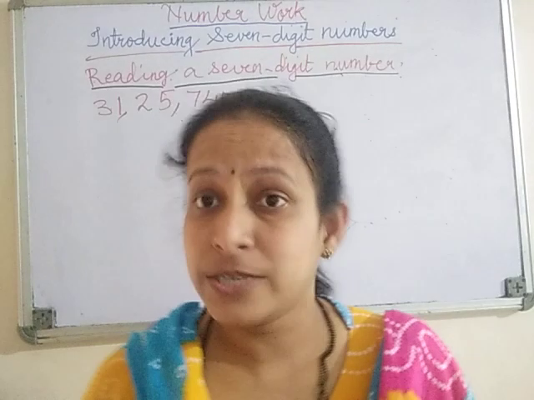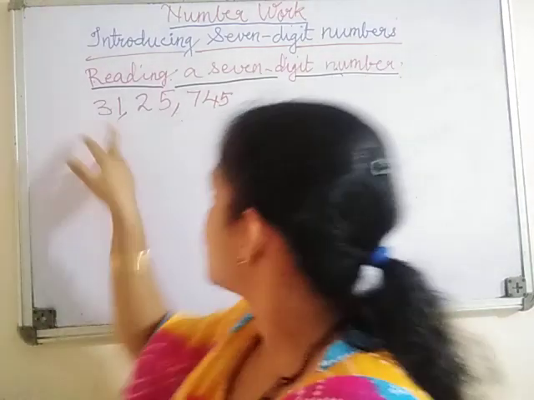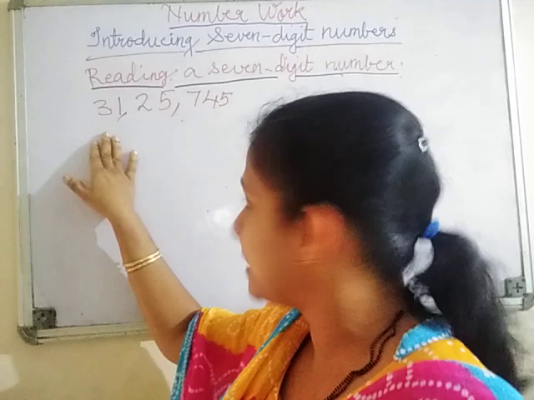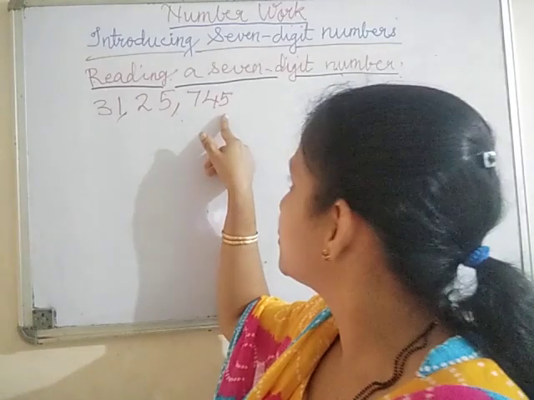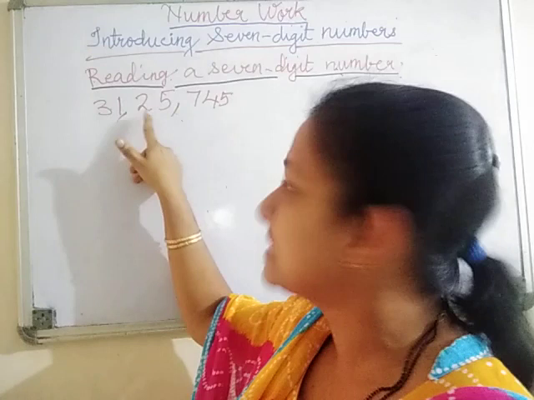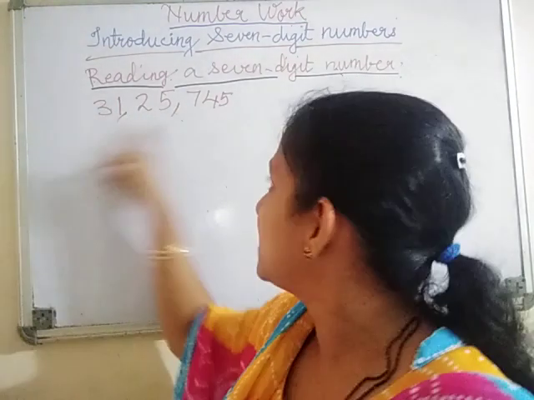Now let's try to learn how to read the 7-digit number. I have written here a 7-digit number. Let's try to read it. As I mentioned to you, this is units place, tens place, hundreds place, thousand, 10,000, lakh and 10 lakh. So what will be the number?